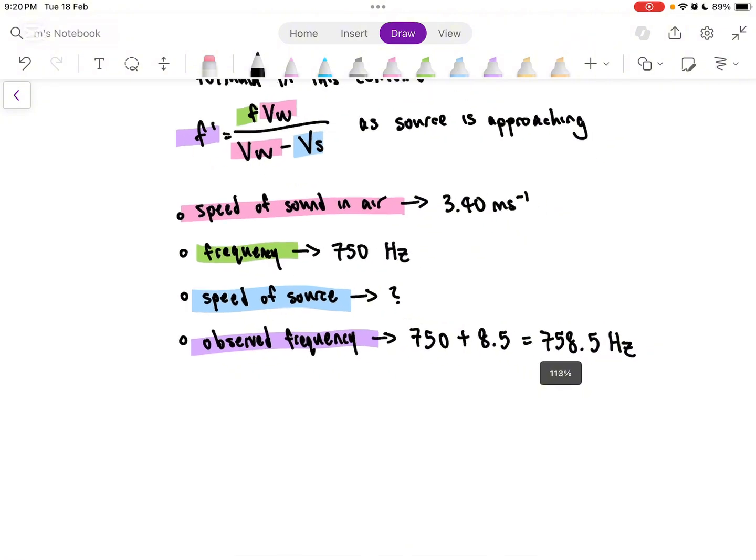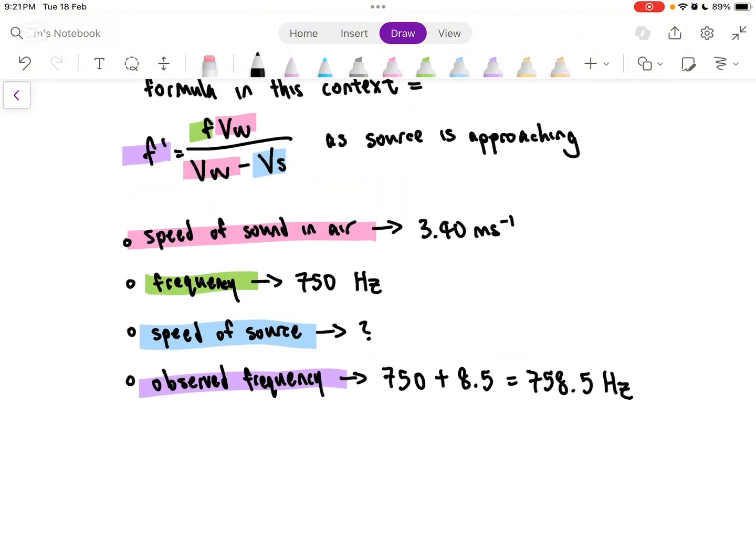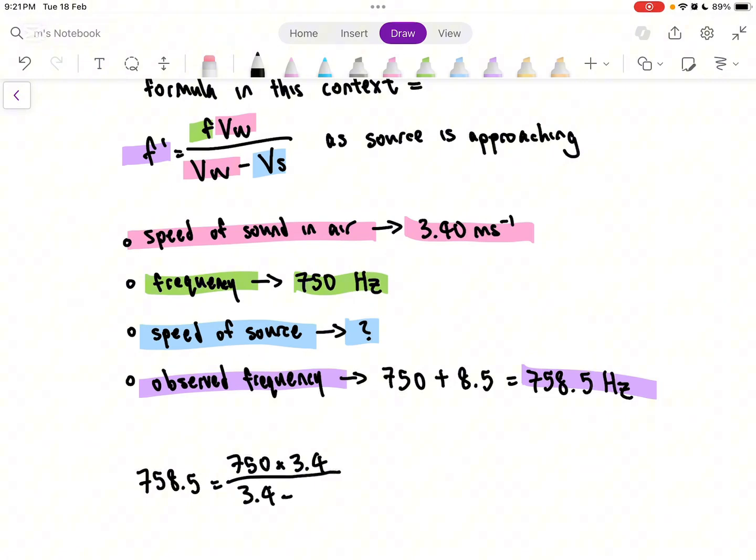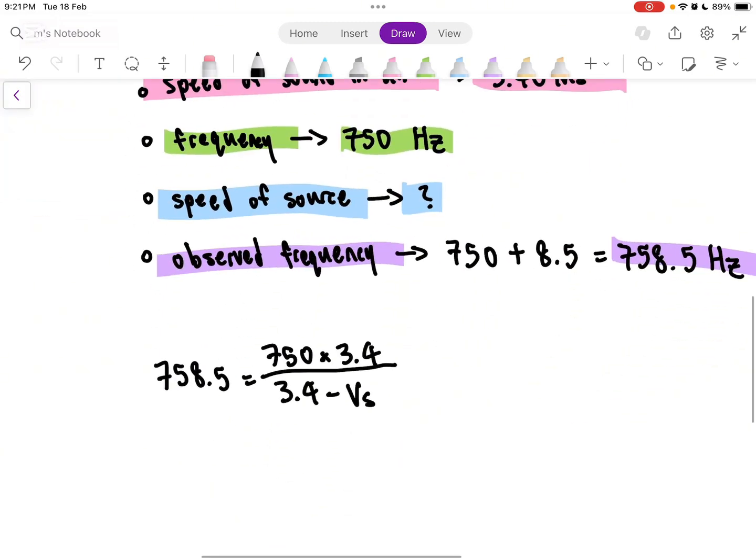So let's do that. Let me just highlight these again. So we've got f prime first, which is 758.5 equals 750 times 3.4 over 3.4 minus vs. I'll name it vs, because that's what we're trying to find, and it gave us the answer for it.